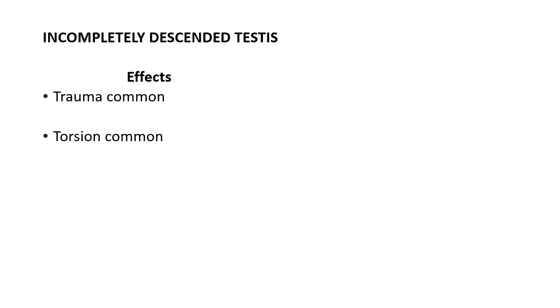For the same reason, torsion is common. The incompletely descended testes are commonly associated with congenital hernia because with the abnormal descent, the processus vaginalis may not close. Thus, the chances of congenital hernia are higher.